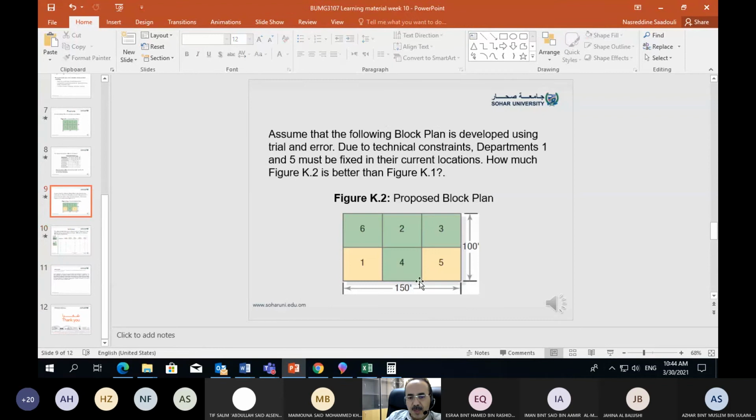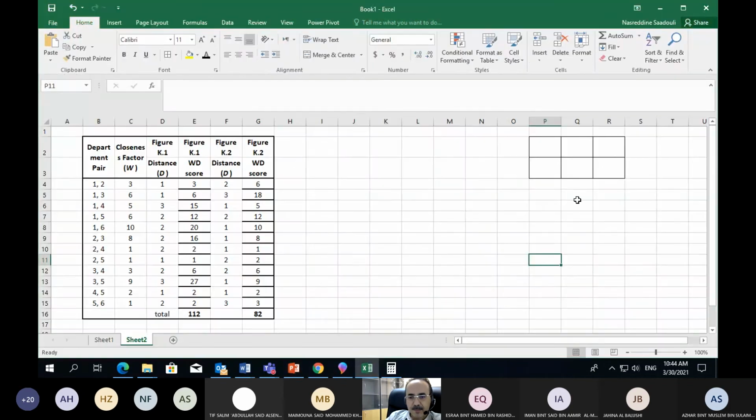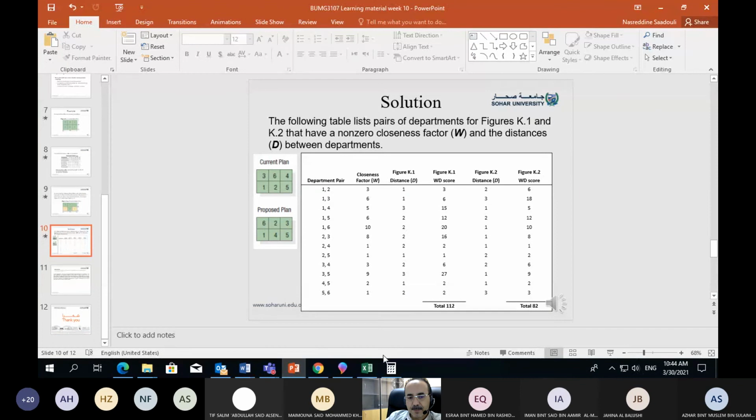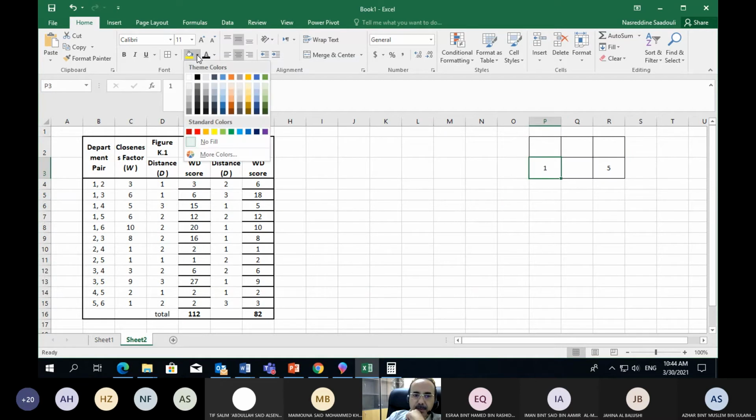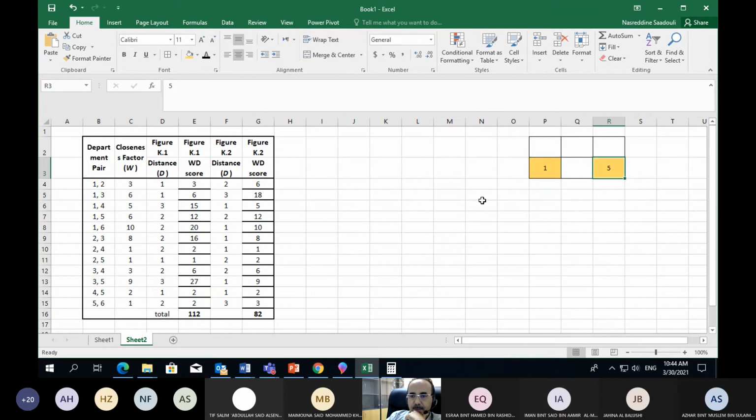So 1 and 5 cannot be changed. Suppose that these are the ones that cannot be changed.